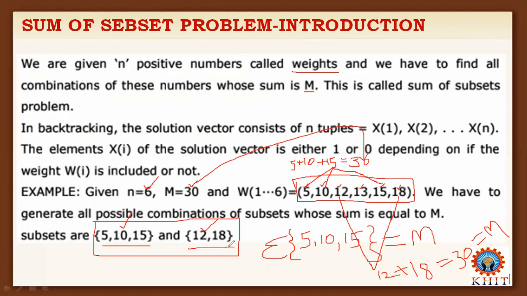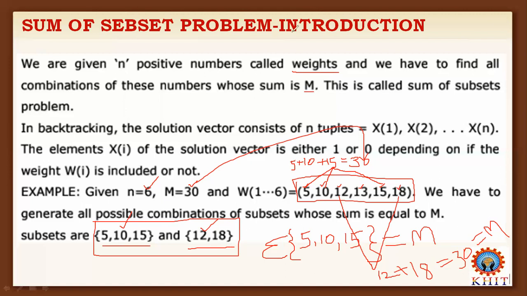By constructing the state space tree, we need to identify all possible ways of selecting the solutions that can be generated in a stage-wise manner. That's why the given problem is to be solved using the backtracking technique.